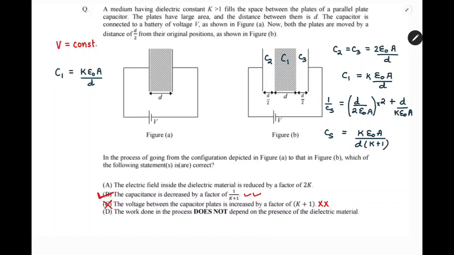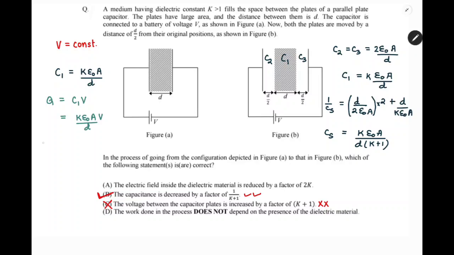Here the voltage supply is maintained. In the initial part, using Q equals CV, Q equals C1 times V, so it becomes K epsilon naught A by D times V. This is the charge which the capacitor holds initially.